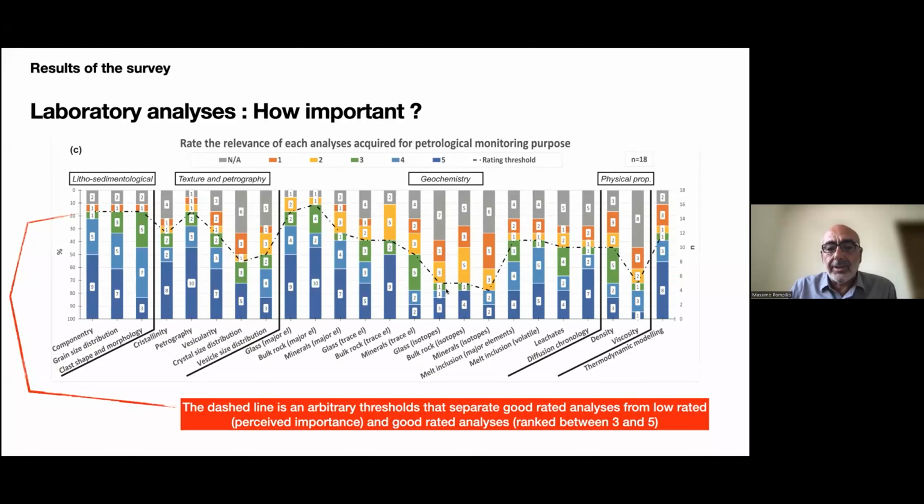But less important, for example, glass isotope, or even here, mineral isotope. People think that it's important also to do melt inclusion, and so on. And important is diffusion chronology. More than 50% think that diffusion chronology is very important.